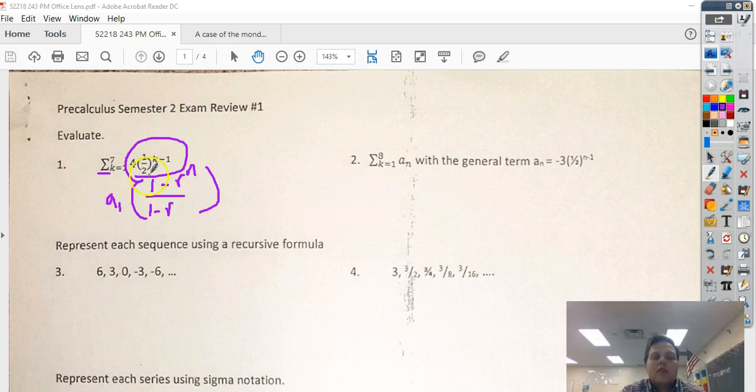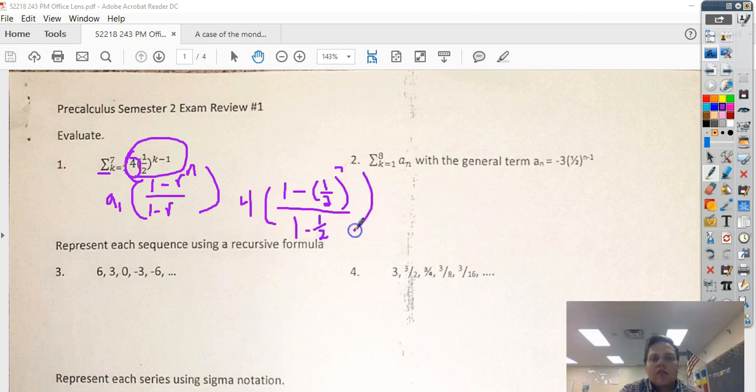A sub 1 is your first term, which is 4. And r is the base that has the variable exponent, so r is 1/2. n is the total number of terms, which is 7, divided by 1 minus r, so 1 minus 1/2.